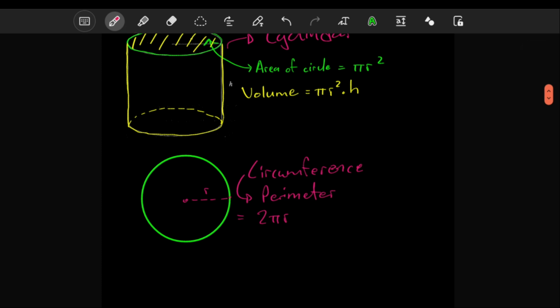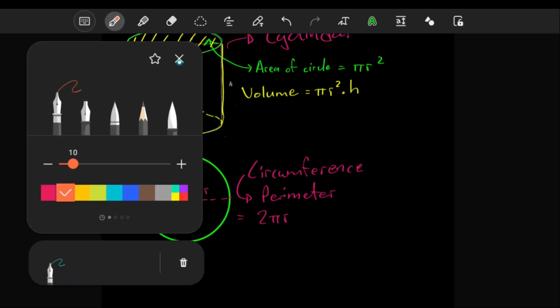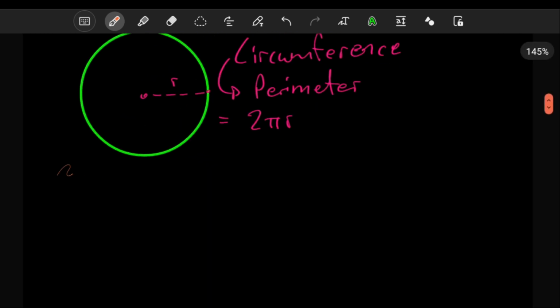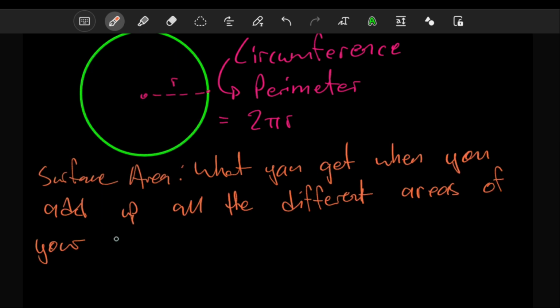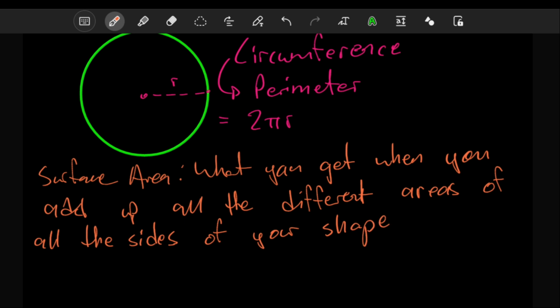So we have discussed what the circumference is. Since we're still talking about this cylinder, we now need to introduce where surface area comes from. Another way to think of surface area is this: what you get when you add up all the different areas of all the sides of your shape.